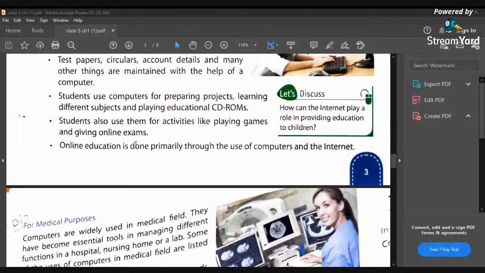Now I take the online class, and it is based on computers, and we are connected with each other with the help of the computer and the internet. Online education is done primarily through the use of computers and the internet.